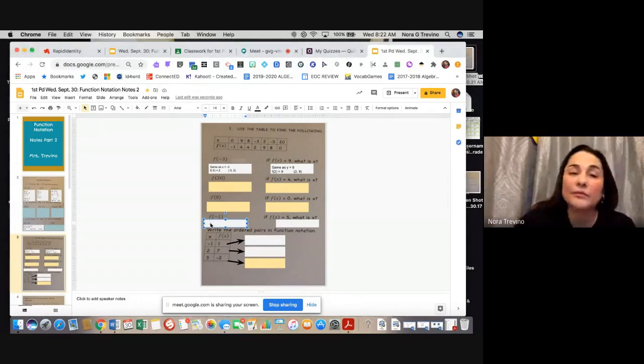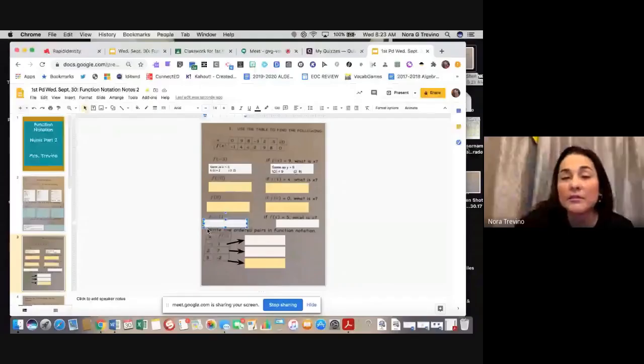But look at this one. F of -3. Same as x equals -3. Because remember, when they're in the parentheses, they're the inputs. They're the x's. So who's -3? I'm sorry, who's -1?